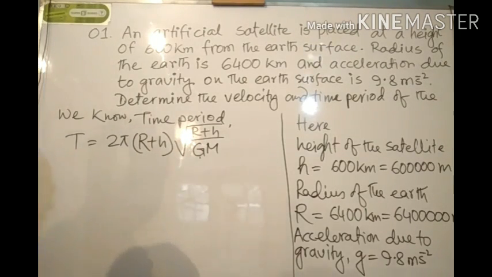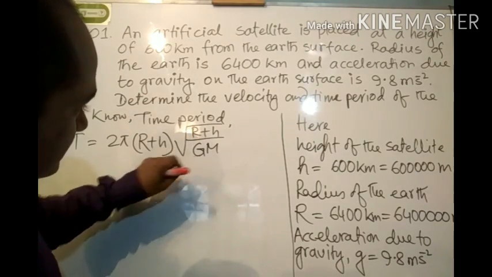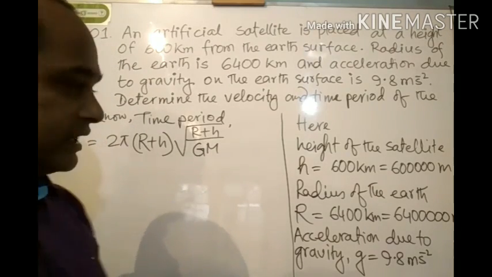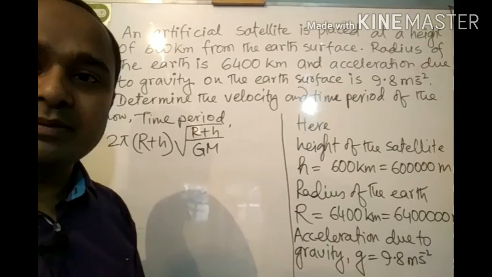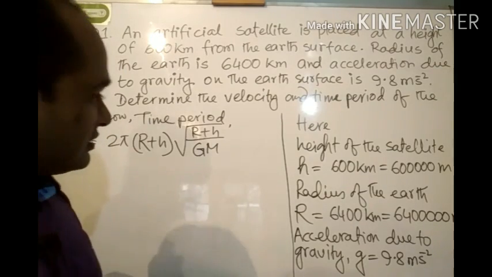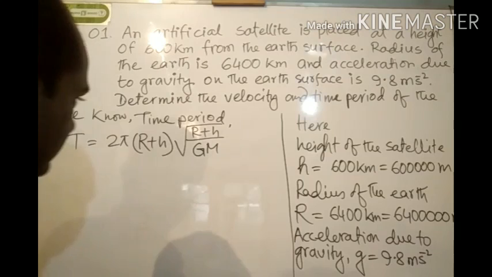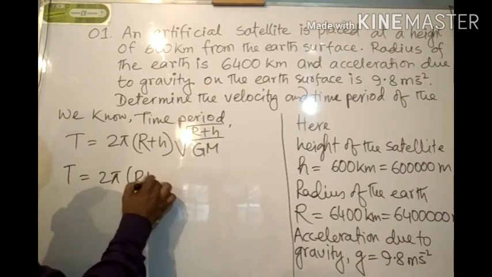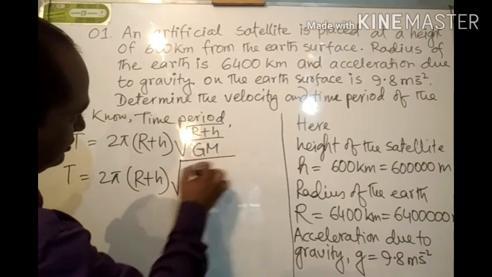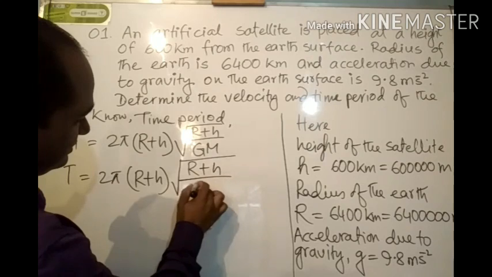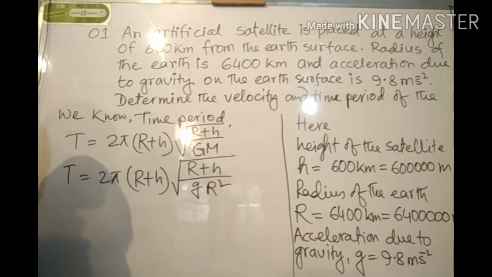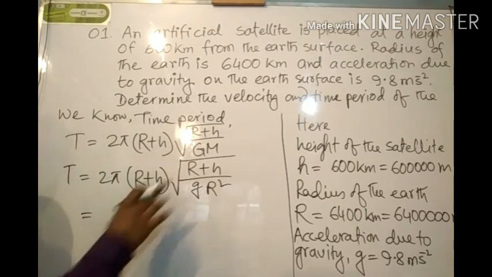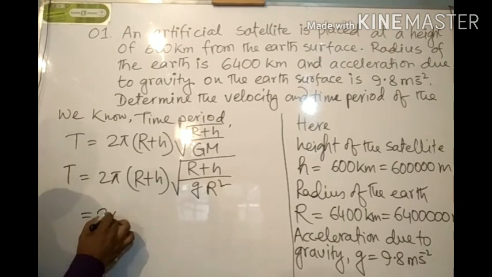Okay, here we have to consider that the value of M is absent. So again we have to replace GM by small g R square. That we have already done in our previous calculation. That is T is equal to 2 pi (R plus h) square root of (R plus h) divided by g R square.